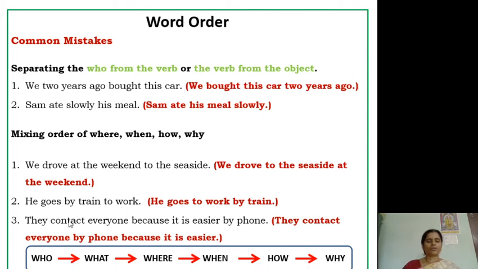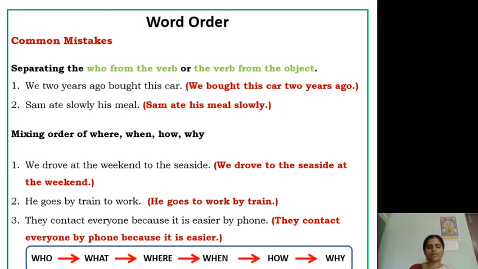They is the subject, contact is the verb, everyone is the object. Because it is easier shows the reason, that is the why element. By phone is the how element. So the how element has to come first and the why element has to follow. So this is the order. They contact everyone by phone because it is easier.